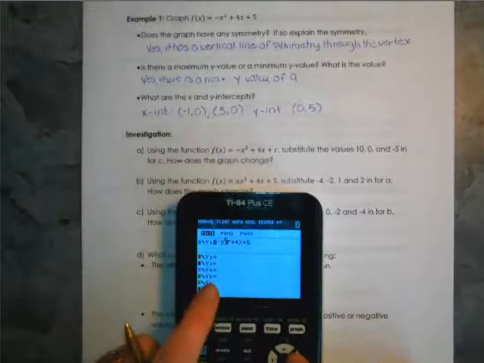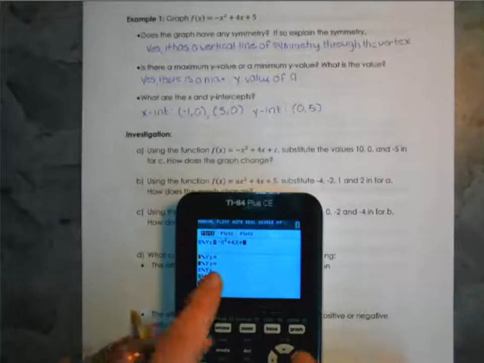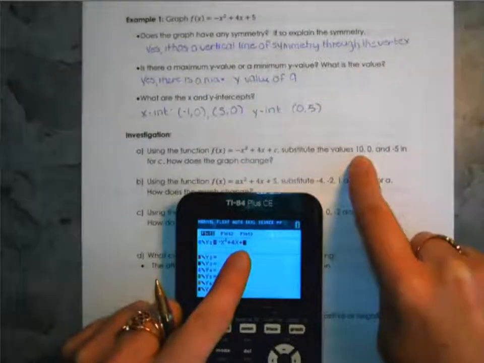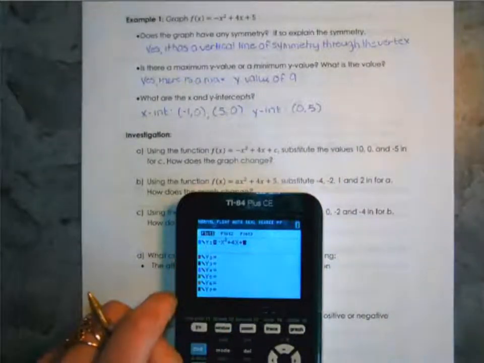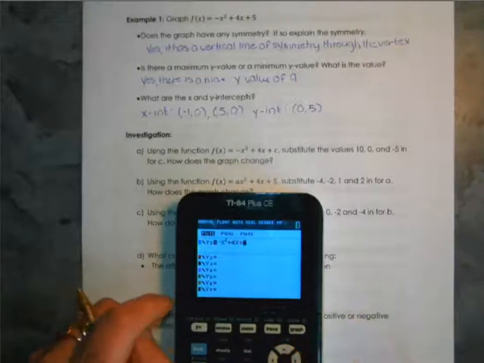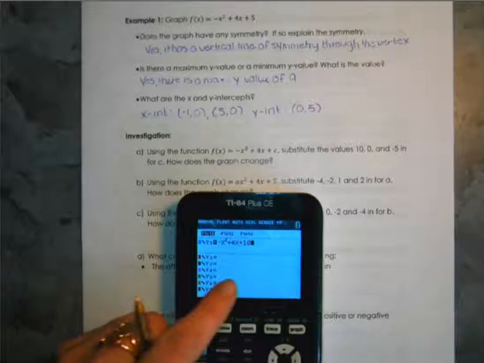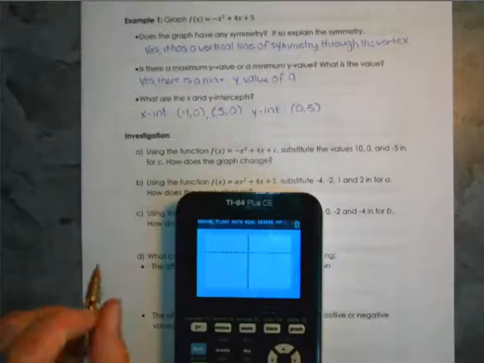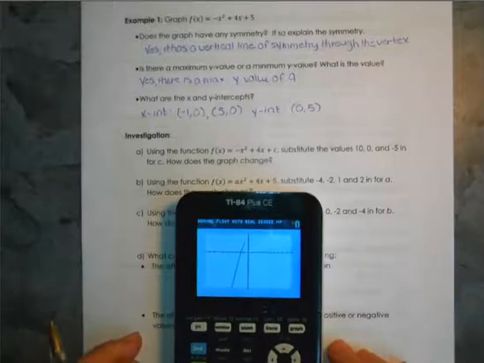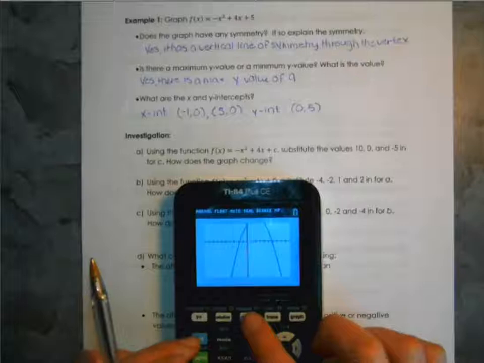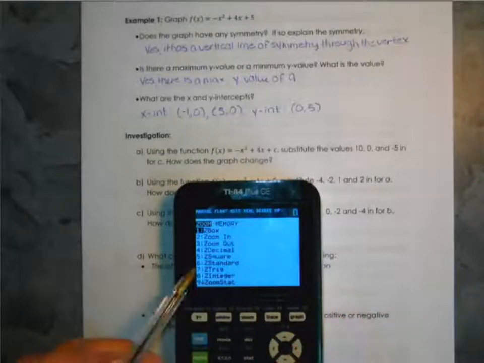So basically I'm going to go into y equals, and I just want to change c, so I'm not going to erase this whole thing every time. If I wanted to start out with, let's say 10 here, I want to first put in number 10, so I just type it in over top of the 5 that was there, hit enter, go to my graph. Now you can see that I need to change my window a little bit, so I might go zoom standard.